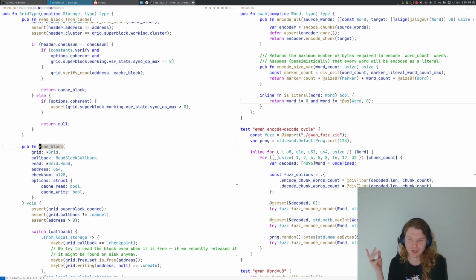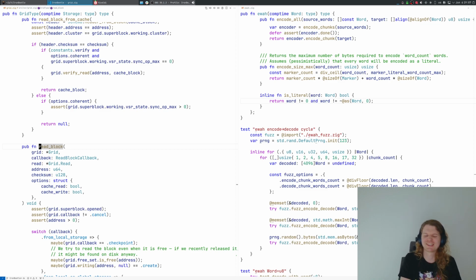So a replica can be completely amnesiac, up to the point of not even remembering what it should be remembering, and it still can pretty normally recover in the cluster because they have this very strong invariant that the grid is bit for bit identical between replicas.